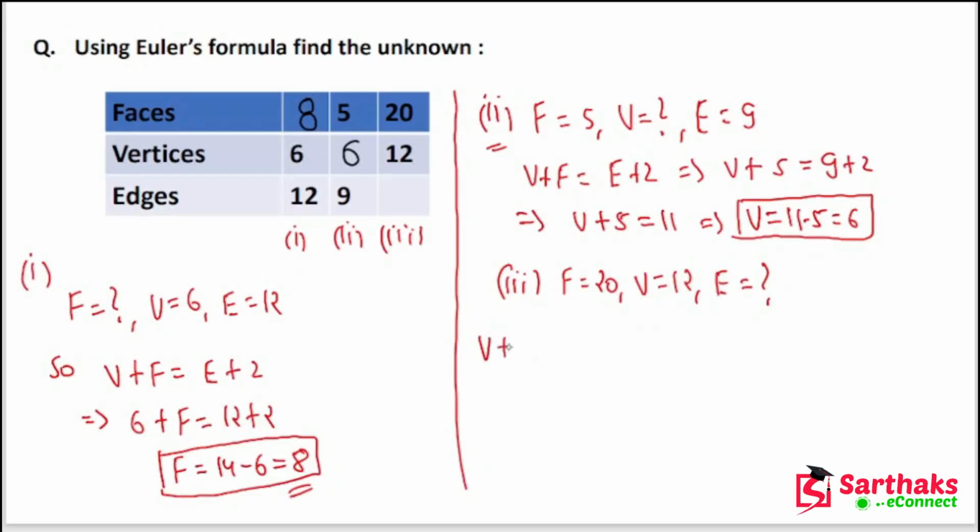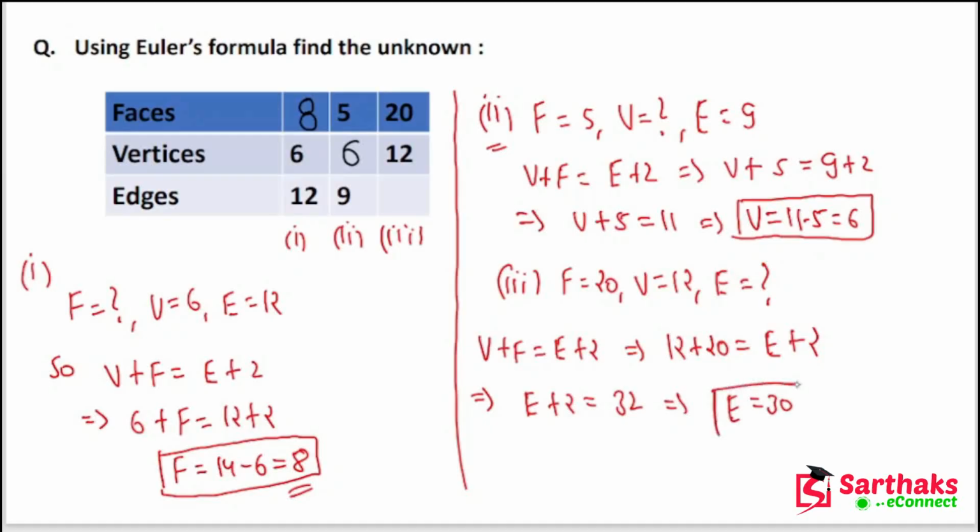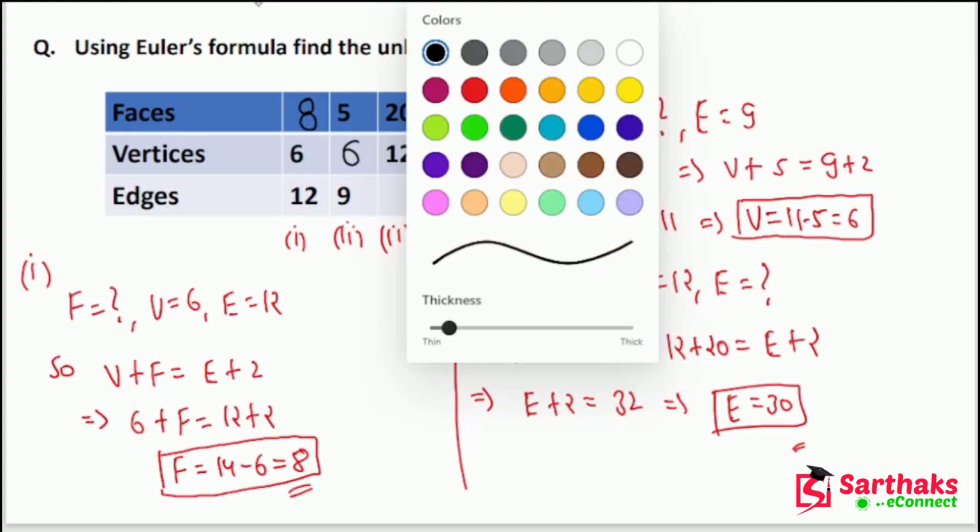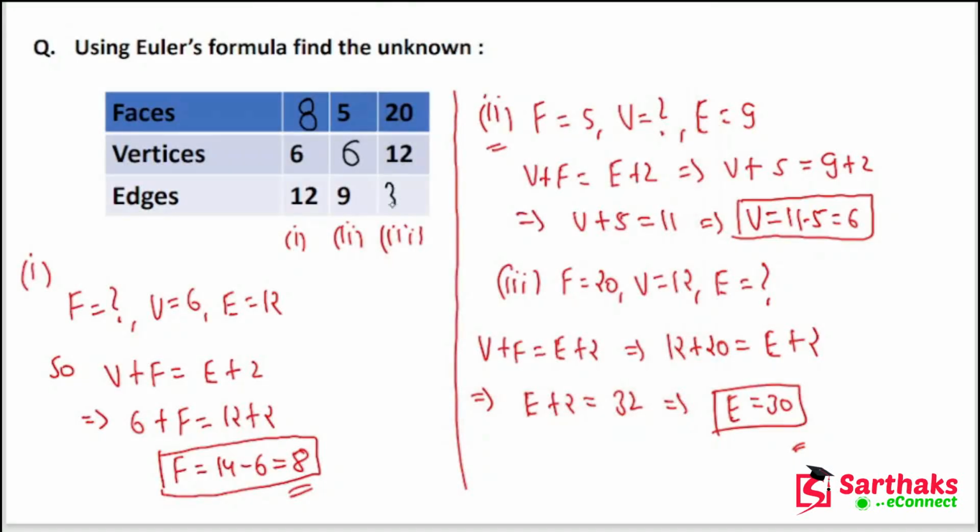With the formula v plus f is equal to e plus 2, we have 12 plus 20 is equal to e plus 2. So e plus 2 is equal to 32, which implies that e is equal to 30. Right. So there would be a total of 30 edges.